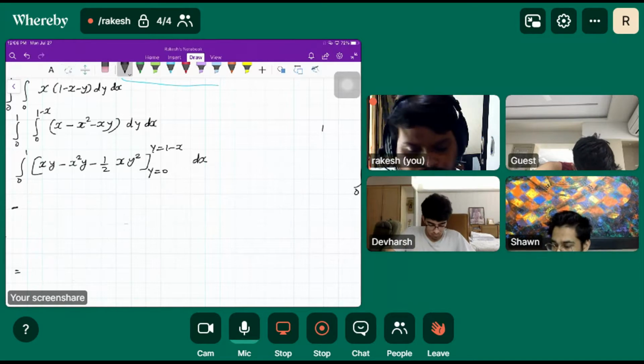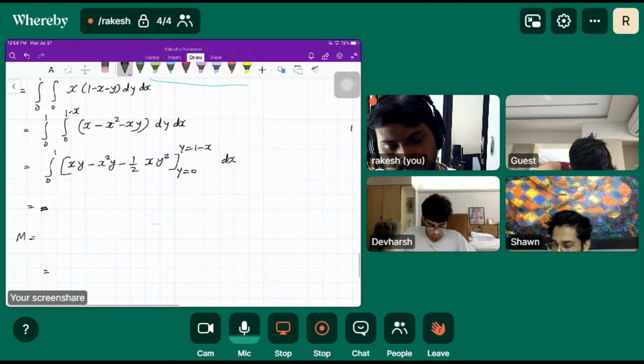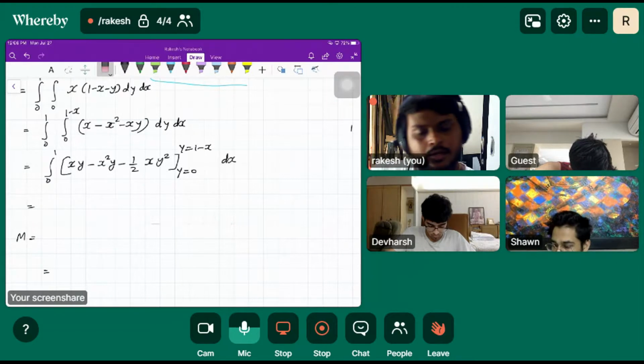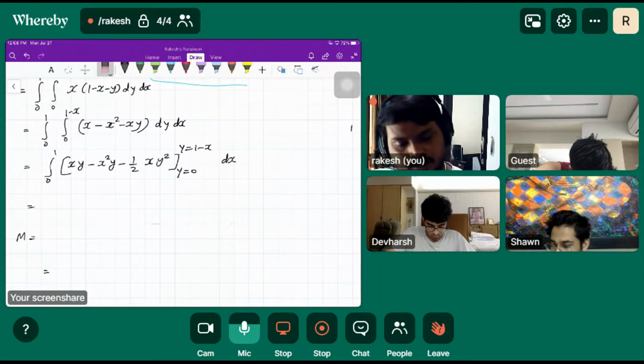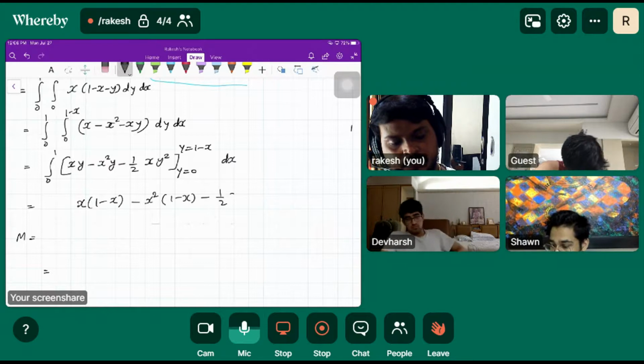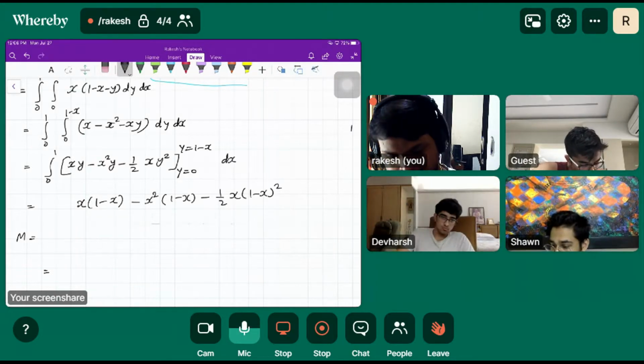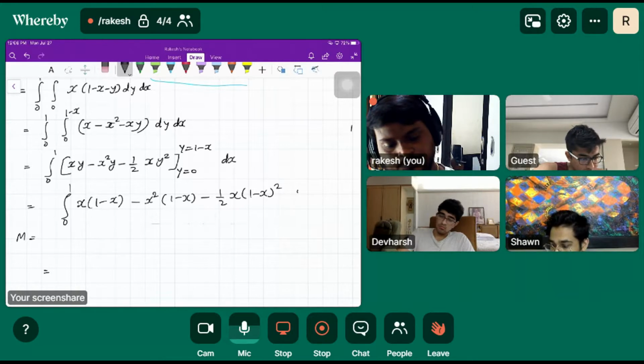Okay, so this will be 1 minus x times 1 minus x the whole square, integrated from 0 to 1 dx.